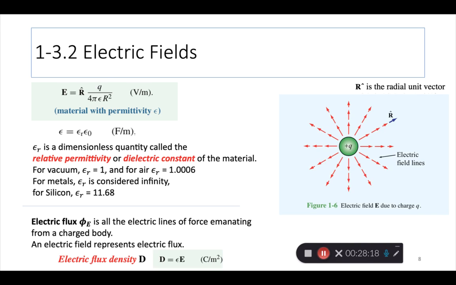We want to find out how electric current or charge, electric field exists in steel or in copper, etc. So for a different material other than free space, the epsilon 0 in the denominator is changed to epsilon, which is the product of two terms, epsilon r and epsilon 0.